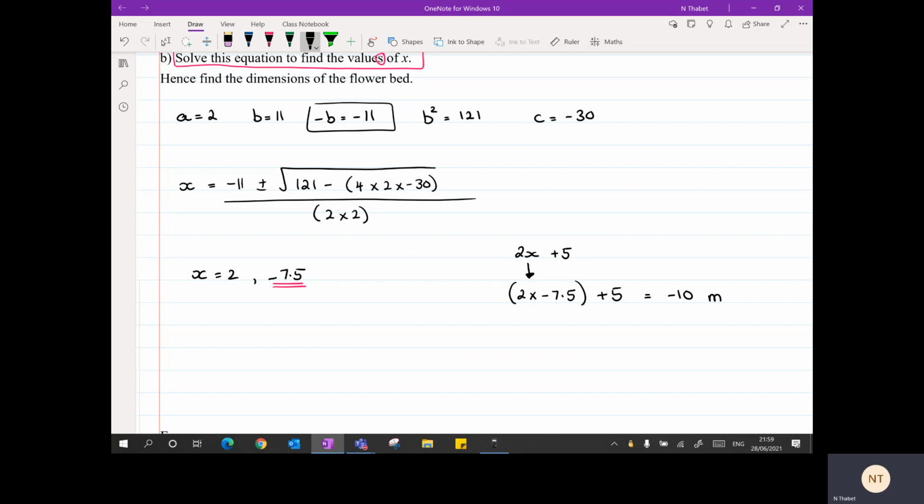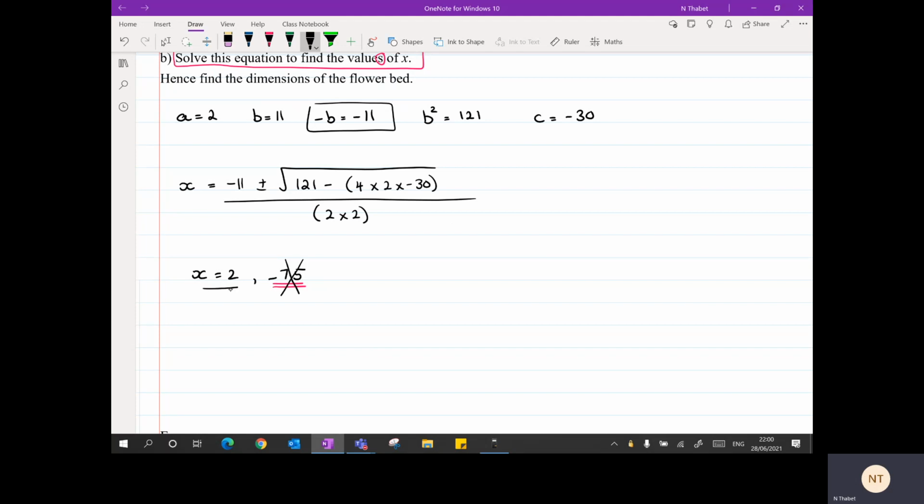You can't have minus 10 meters. So this value for x is rejected. It doesn't work in the real context of this question. And I have seen mark schemes where they give you a mark for rejecting a particular value for x.